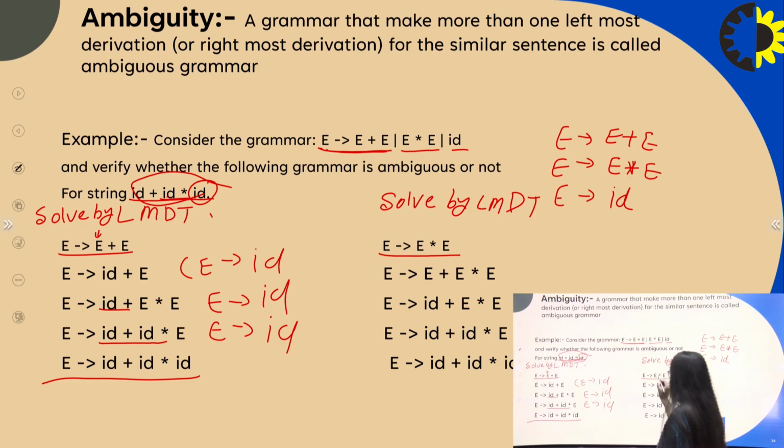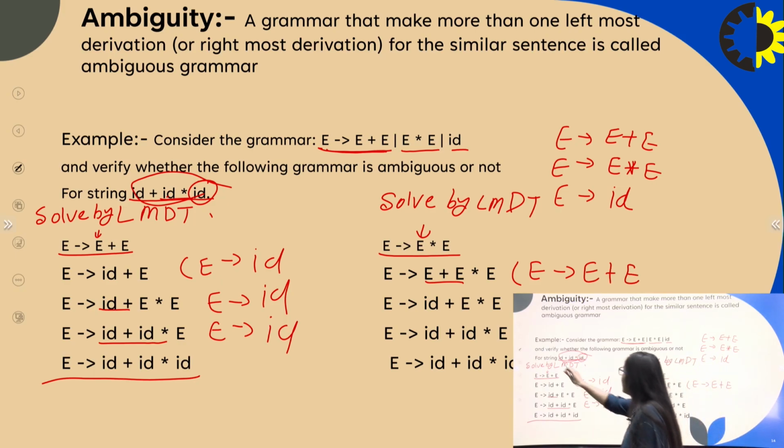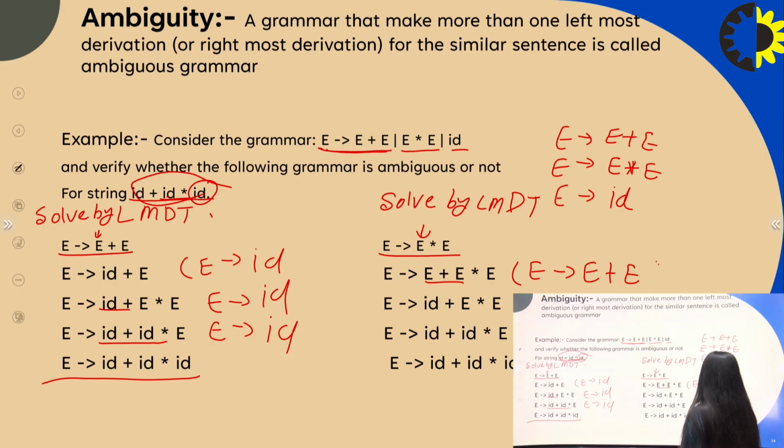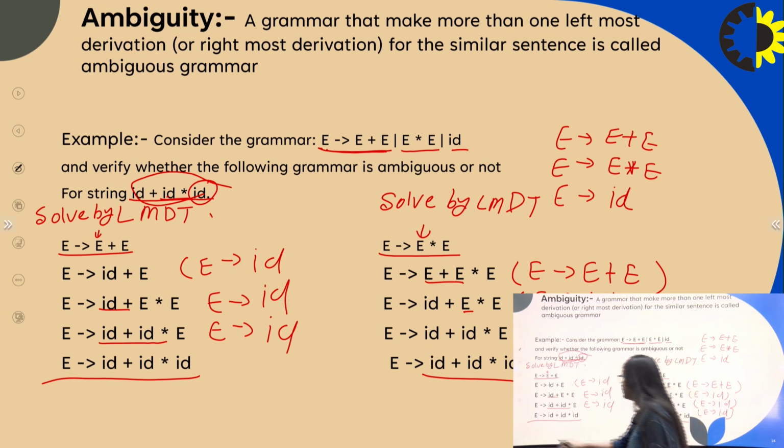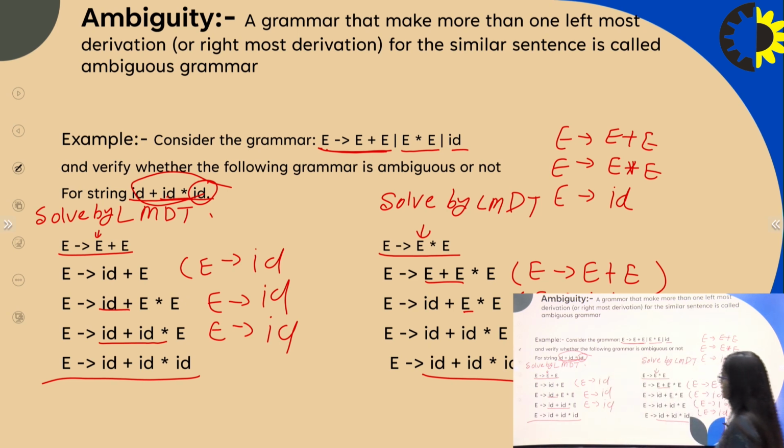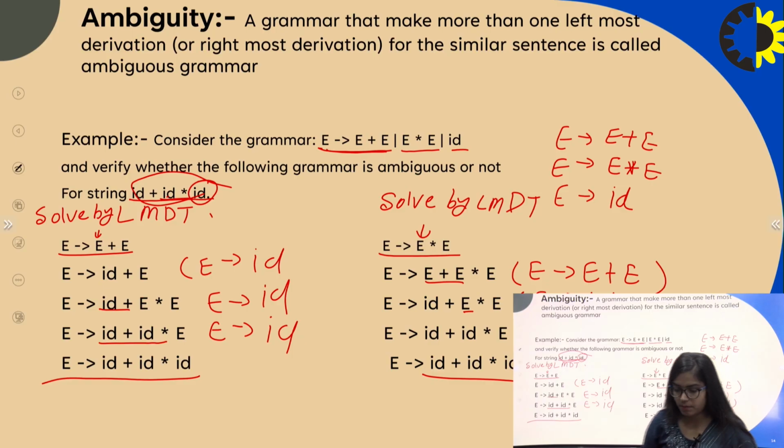Then this E is replaced into E plus E because we want ID plus. So E replaced in ID, then E replaced in ID, and E replaced in ID. The same string is generated from the leftmost derivation tree, so the grammar is ambiguous.